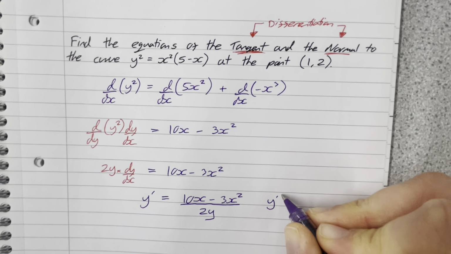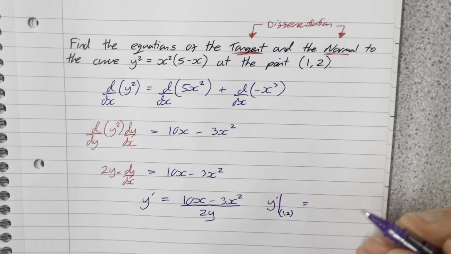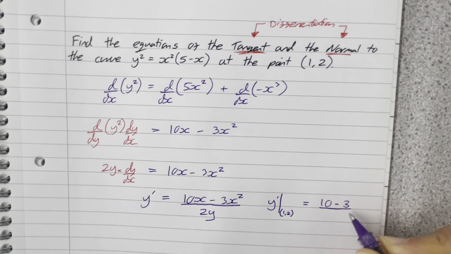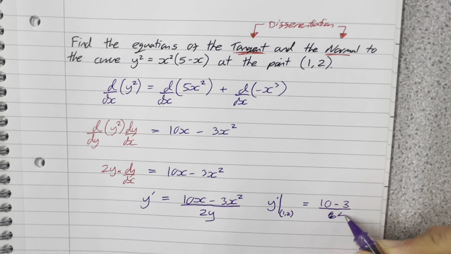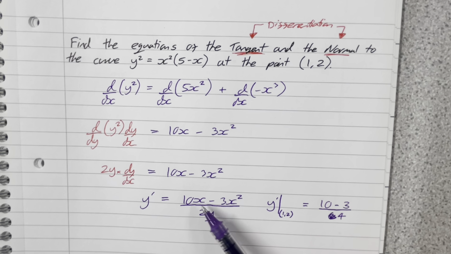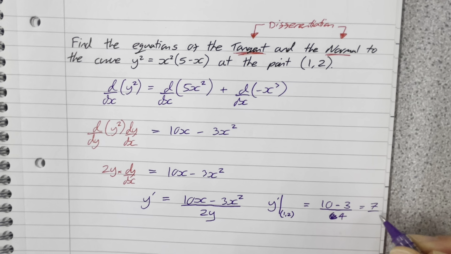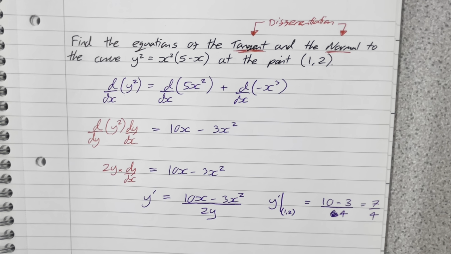So y prime at the point 1, 2 is going to be equal to 10 minus 3, divided by 4. Okay, plugging in x is 1 into the top, and plugging in y is 2 into the bottom, so that's going to be 7 quarters. So the gradient of the curve at my point in question is 7 quarters, or 1.75.